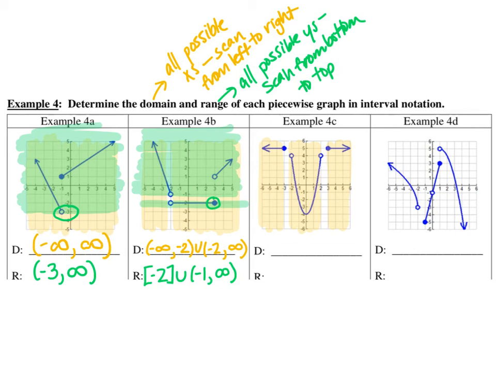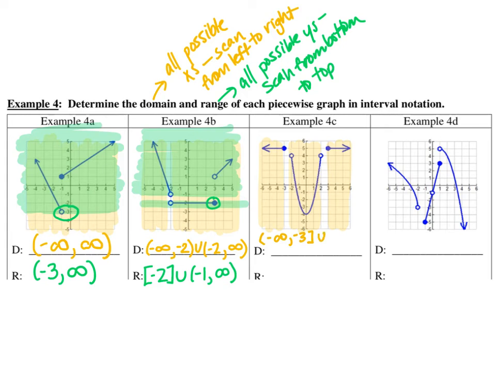So we have -infinity to -3, and that's a bracket because that's a closed dot, and join that with a union.